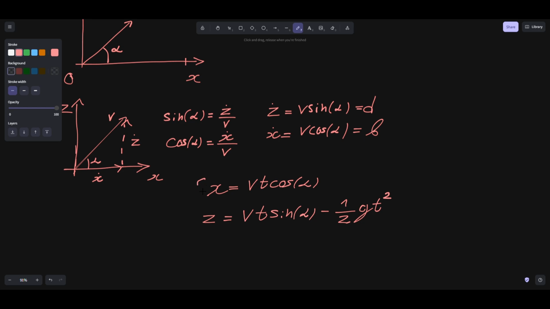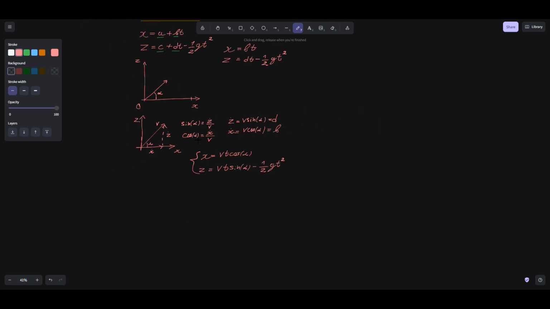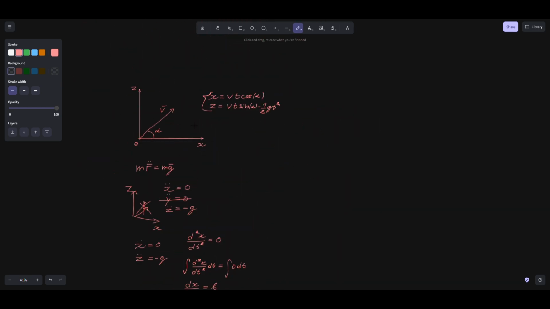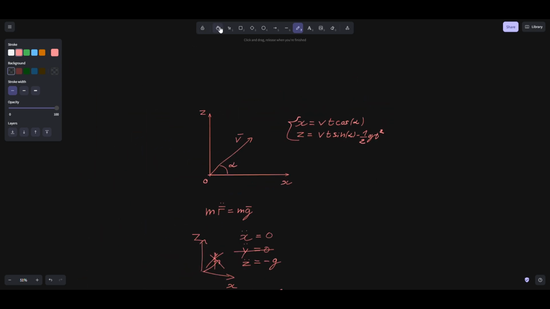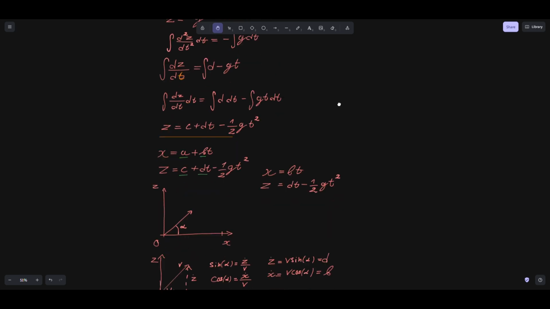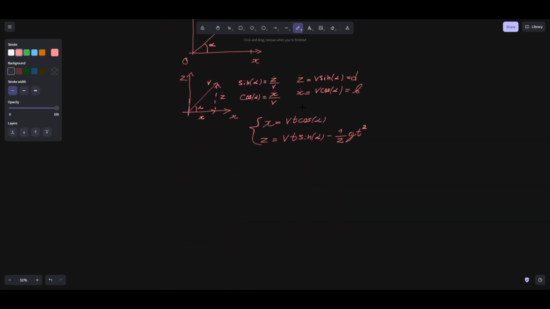So now we have the two equations that we actually saw at the beginning. We have derived them. And we can, of course, continue. We can do stuff with these equations.